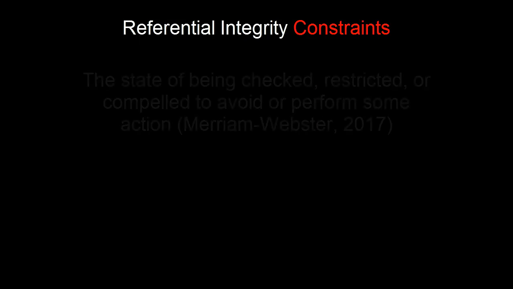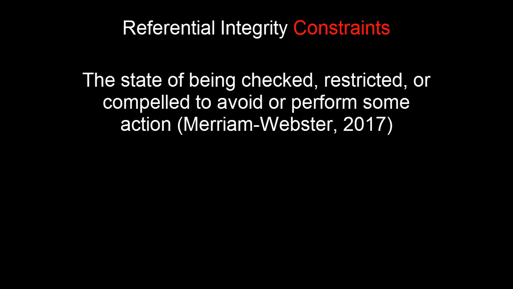All right, now that we've seen some examples of foreign keys, let's talk about referential integrity constraints. The first thing I want to point out is make sure that we're all on the same page with what a constraint is. According to Merriam-Webster, a constraint is the state of being checked, restricted, or compelled to avoid or perform some action. And that really applies to what we're talking about here with the referential integrity constraint.